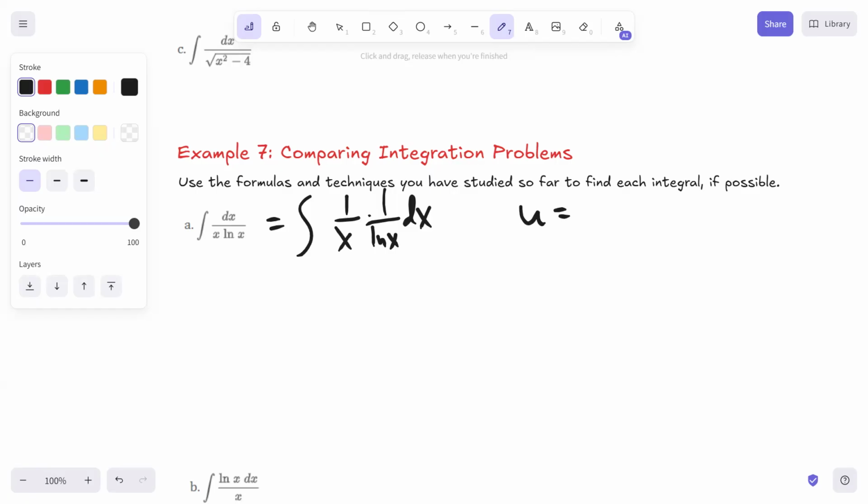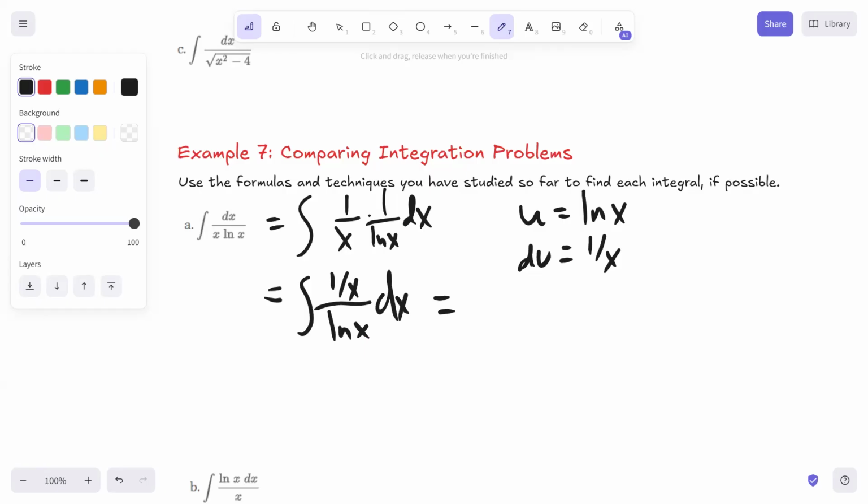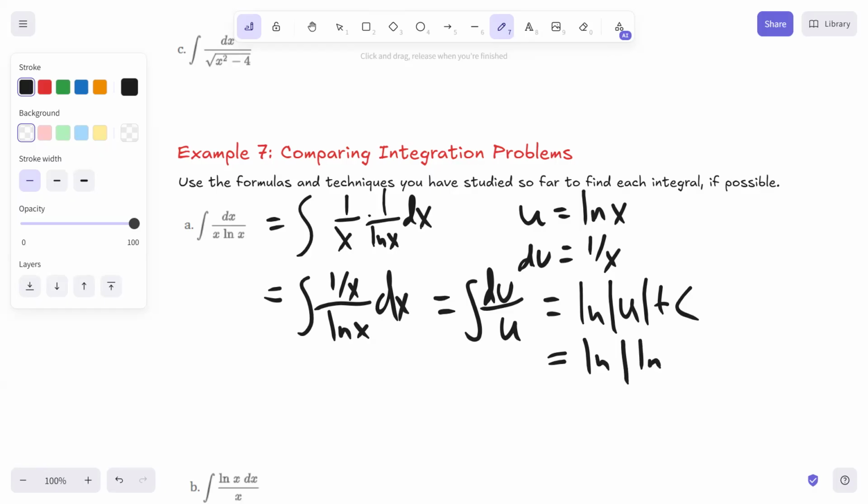So if we let u equal natural log x, then du would equal 1 over x dx. So this would be the integral of du over u, which is the log form: natural log absolute value of u plus c, and u was natural log x. So it's natural log of the absolute value of natural log of x, plus c. Don't forget the absolute value on that one.